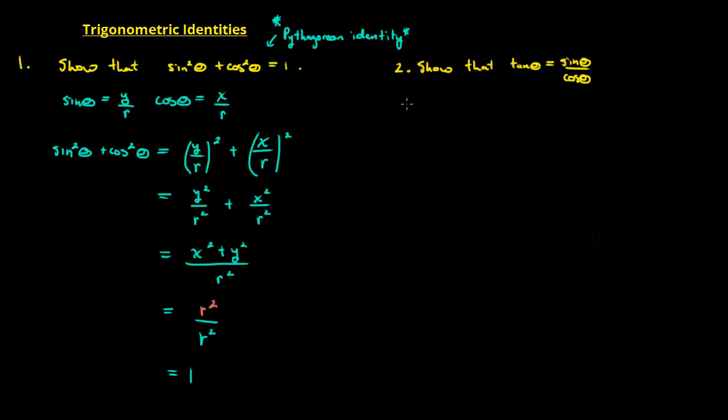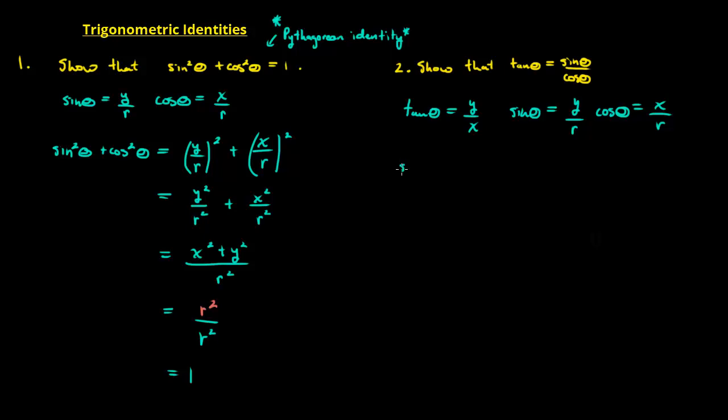So first note that the tangent of theta is equal to y over x on that circle that I just erased. And sine of theta is equal to y over r, and the cosine of theta is equal to x over r.